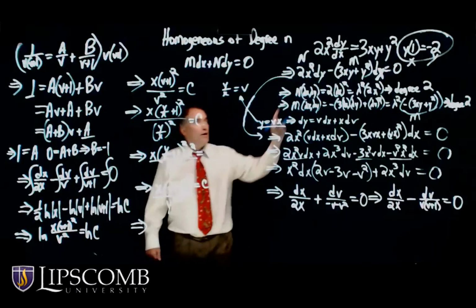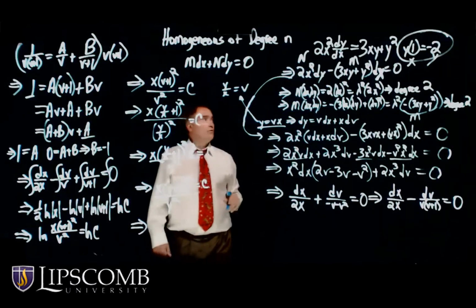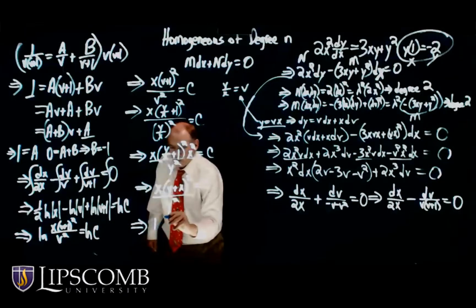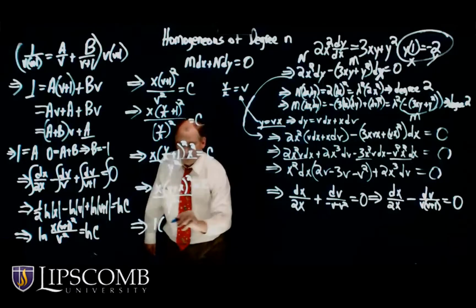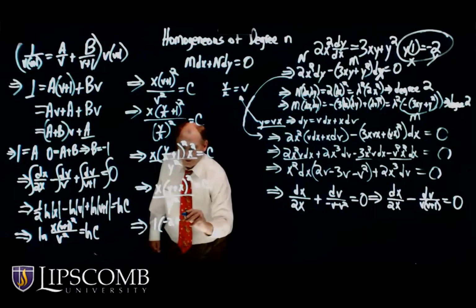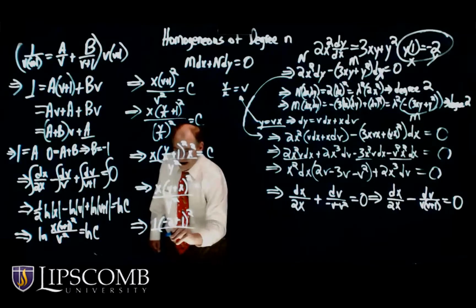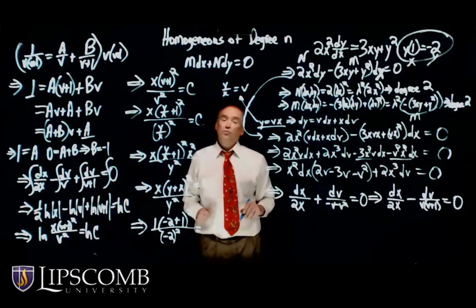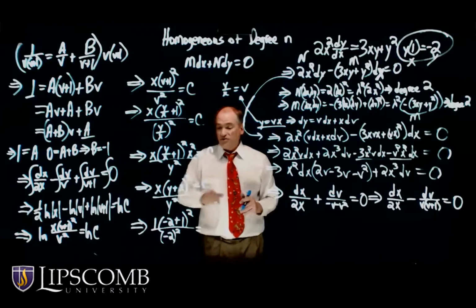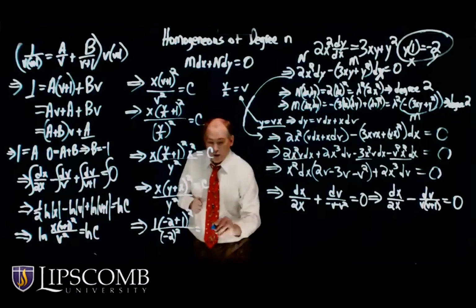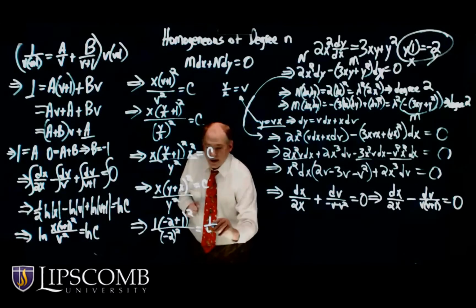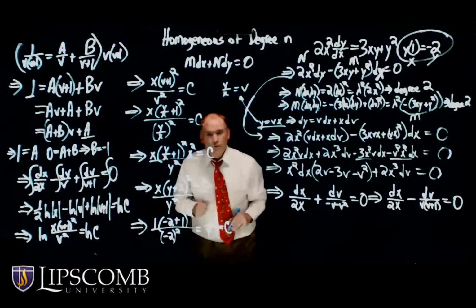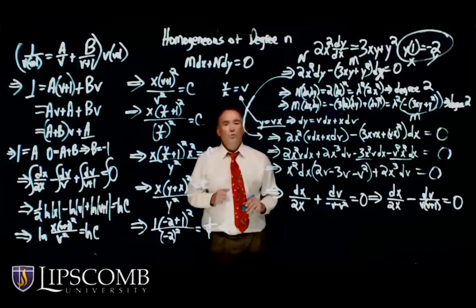Let's just plug in x equal to 1, y equal to -2. So let's just do that. -2 plus 1, of course, is -1, but it's squared. So I get a 1, and in the denominator, I get a 4. So therefore, c equals 1/4.